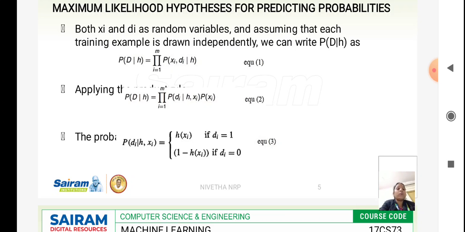When you apply the Bayes theorem, you derive the equation as probability of di given h, xi, times p of xi. When you equate it, you will be equating it to either 0 or 1. So you will be observing the frequencies of occurrence of data. With those frequencies, you will be determining the conditions for occurrence of 0 and 1.